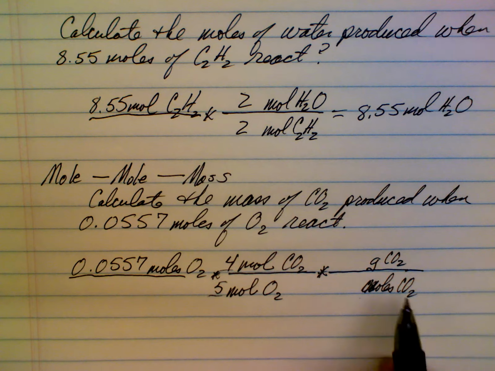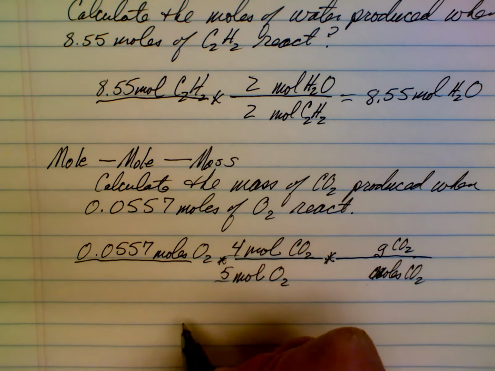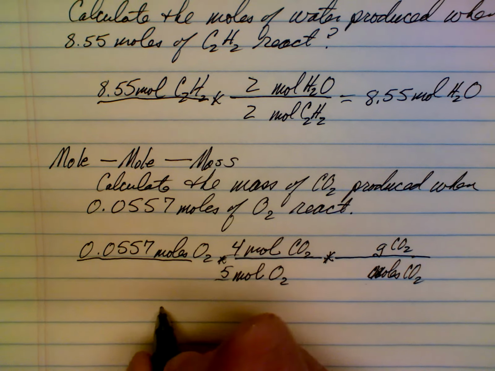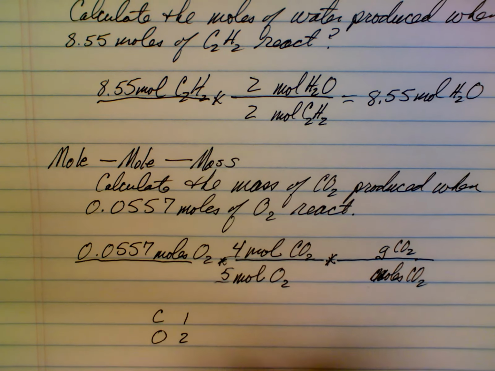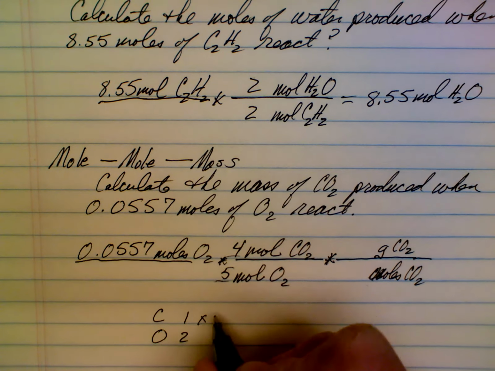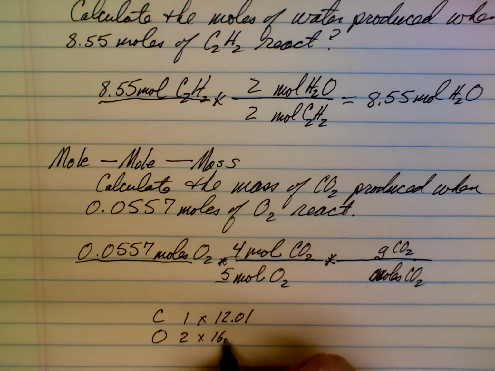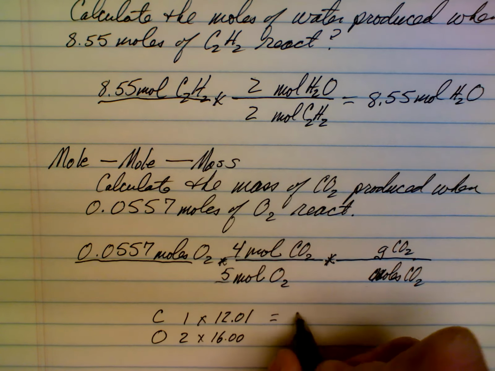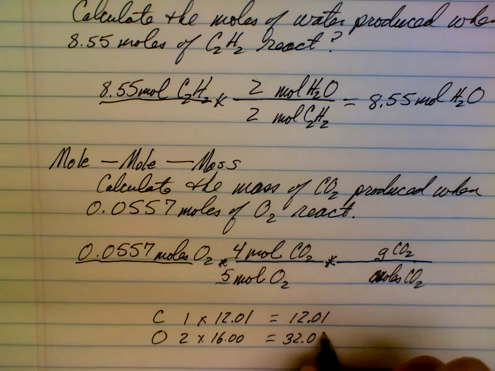And what we need to do is figure out the molar mass of CO2. Again, just a refresher on molar mass. I've got one carbon here, and I've got 2 oxygens, and the mass of carbon is 12.01. Mass of oxygen is 16.00. So here we'll have 12.01. Here we'll have 32.00.